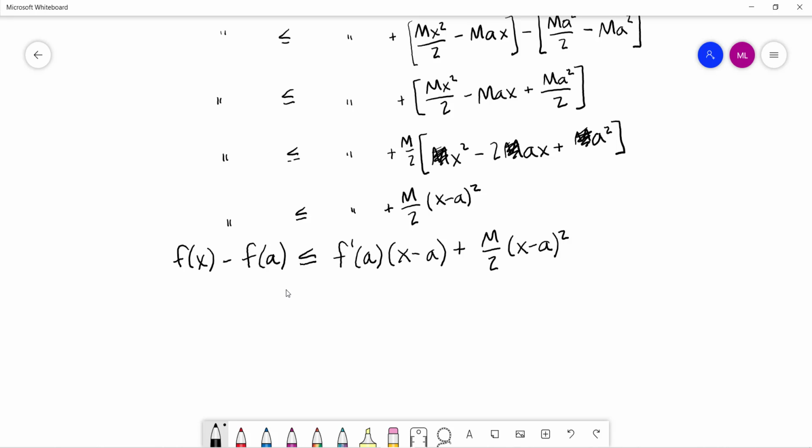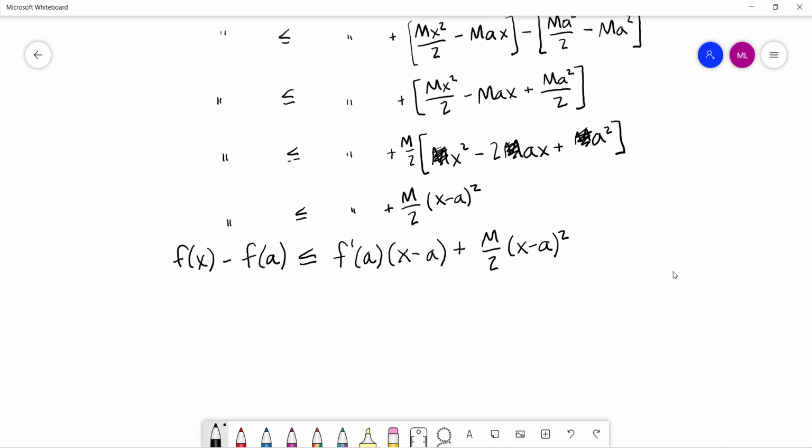We started with f double prime because we were doing a second order with n equals 1, a first order Taylor polynomial, and the first remainder term involves an f double prime. So we're just integrating everything back up to sort of where we started.